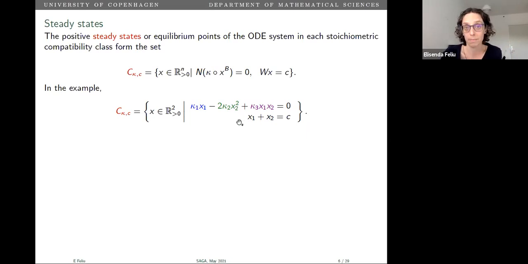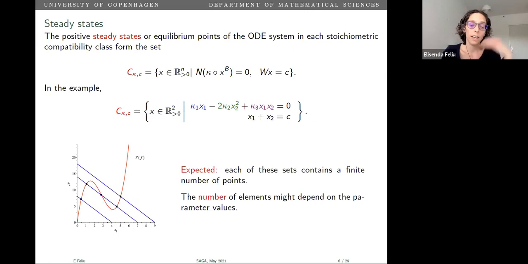as variables. And then we expect that these sets will contain only points, so it's a finite number of points, but the number will depend on the parameter values. And deciding when there are 2 points or more is a question that comes from biochemistry, because each of these points, each of these solutions, is a steady state.